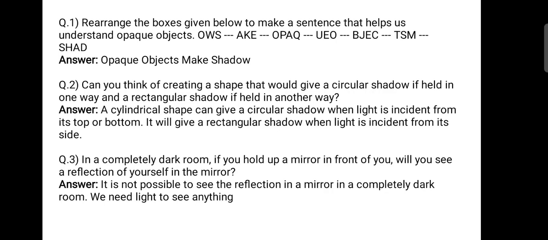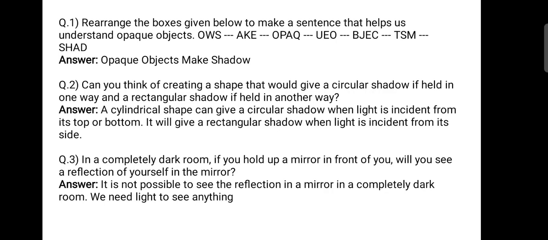So children, now let us move ahead to the next question, question number 2. Can you think of creating a shape that would give a circular shadow? Children, if you remember our video, in that video we had discussed it.